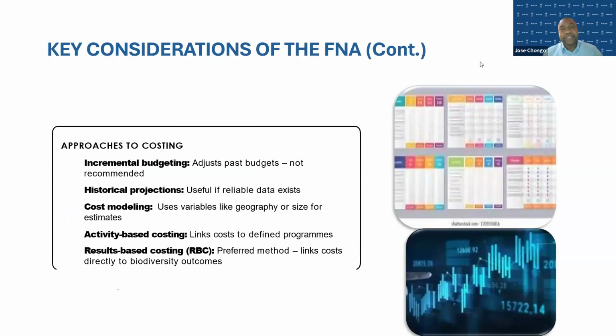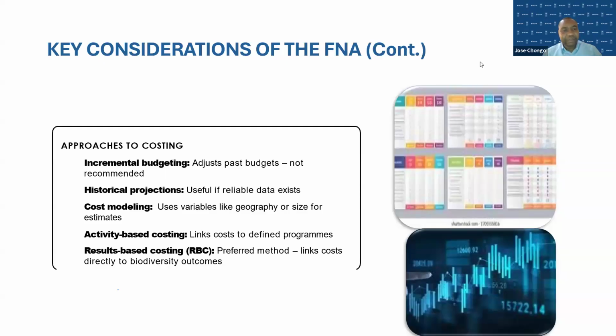However, there are different approaches that the government and institutions use to go through the budgeting process. There are some that are more traditional and others that are more innovative. In terms of approaches used in different settings, we find incremental budgeting, which is simply adjusting past budget, which is not recommended because it doesn't shed light on the vision that we want to achieve.